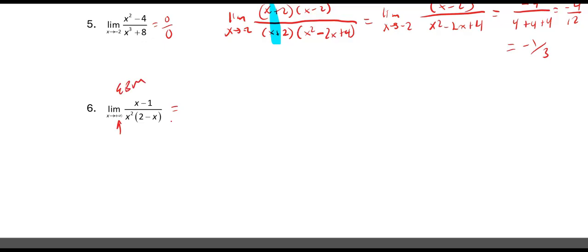But before I move on from it, I do want to point out that you need to consider, because this is a product at the bottom, at some point, this x squared gets multiplied to that -x.